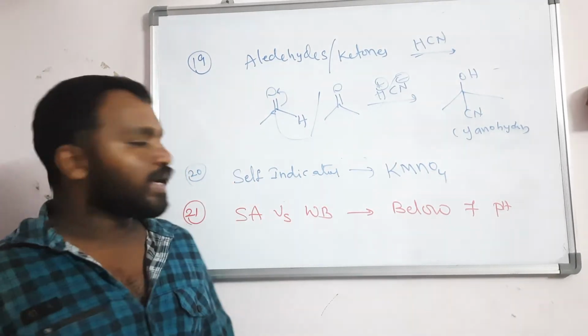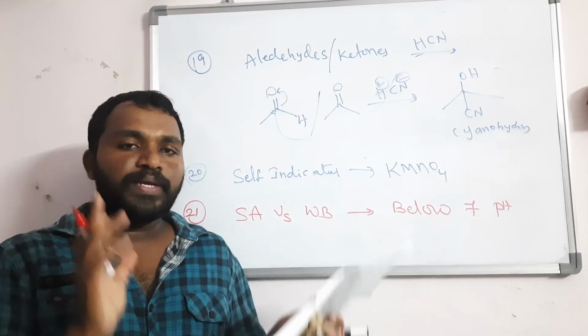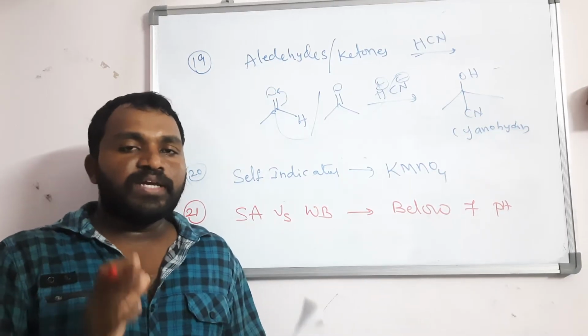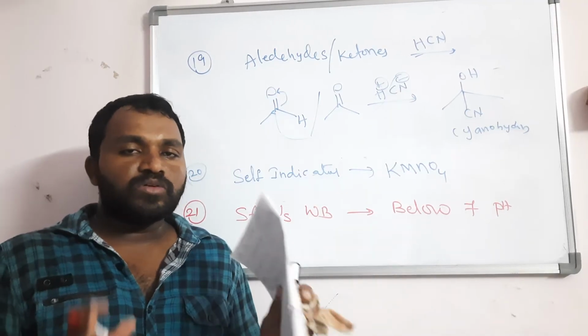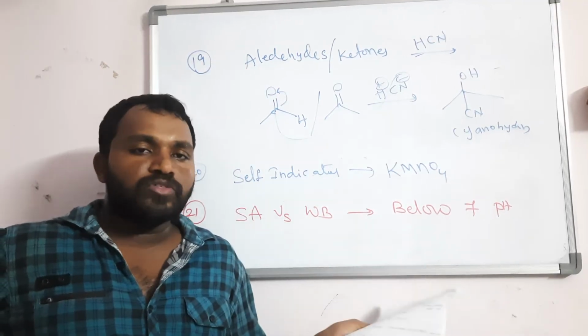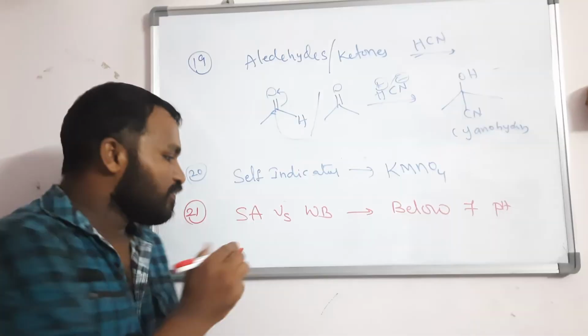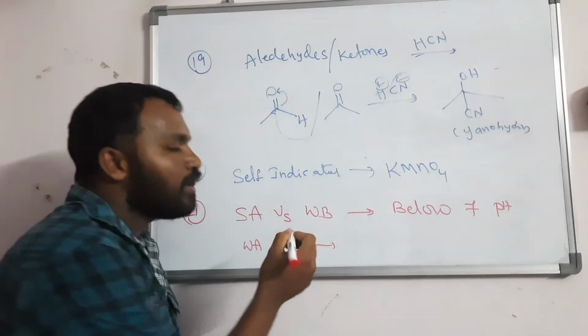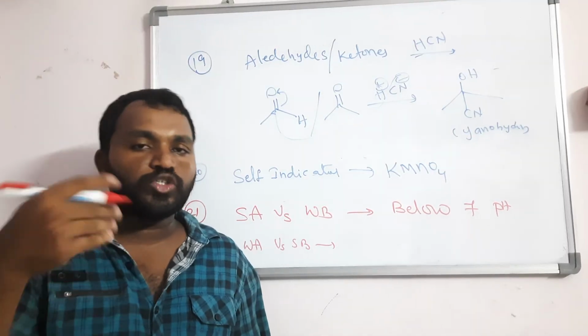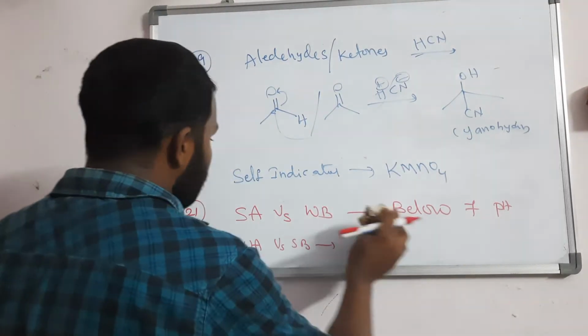But in the case of strong acid versus weak base, the pH should be below 7, so it is particularly used with methyl orange and methyl red. Phenolphthalein cannot be used for strong acid versus weak base. If you want to use weak acid versus strong base, then you can use the phenolphthalein indicator. The pH should be above 7. That we can see simply.